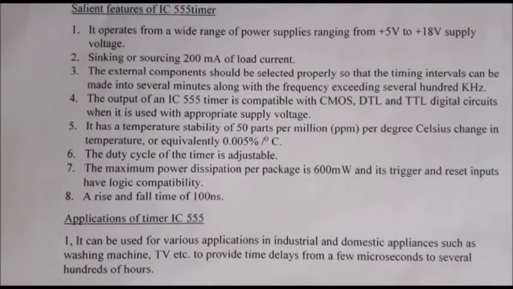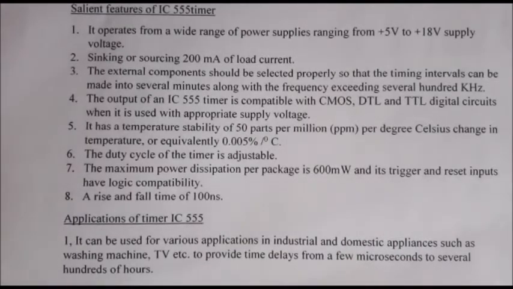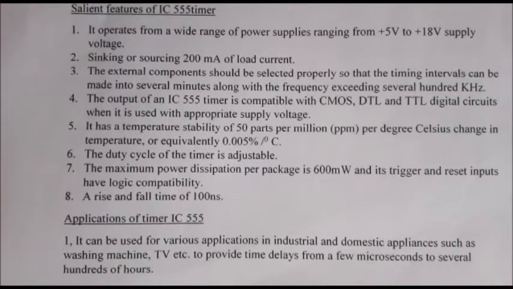First, it operates from a wide range of power supplies ranging from plus 5 volt to plus 18 volt supply voltage. Second, sinking or sourcing 200 milliampere of load current. Third, the external components should be selected properly so that the timing intervals can be made into several minutes along with the frequency exceeding several hundreds kilohertz.